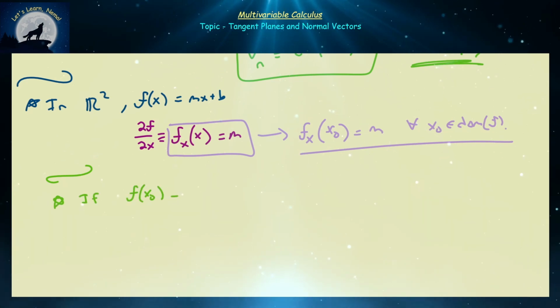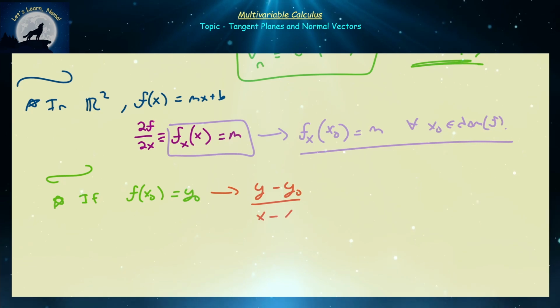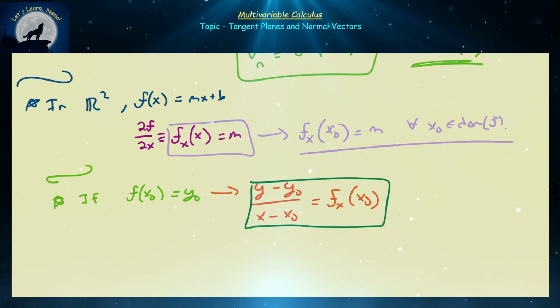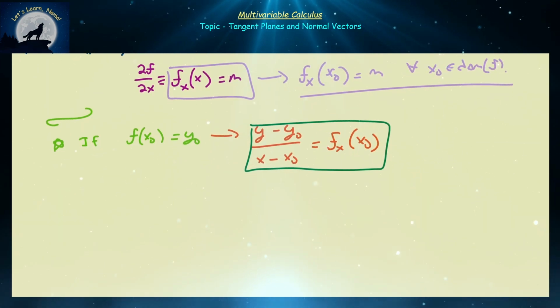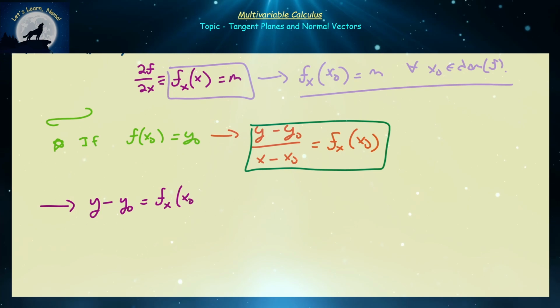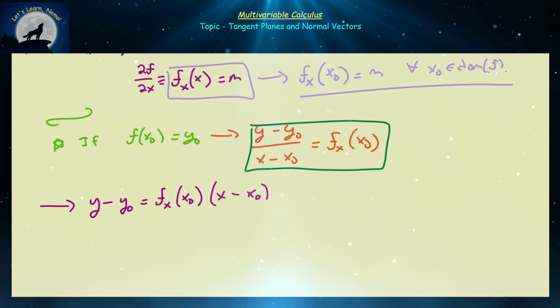So if f of x0 is equal to y0 for some function f of x is equal to y, then what we're going to have is y minus y0 divided by x minus x0 will be equal to fx at x0, because this is the slope of the curve at a particular point. Right? So if we have this particular relation, then obviously we can rearrange this to get y minus y0 is equal to fx of x0 times x minus x0.